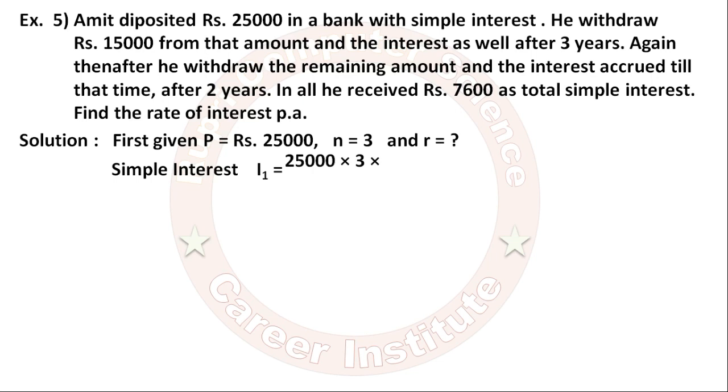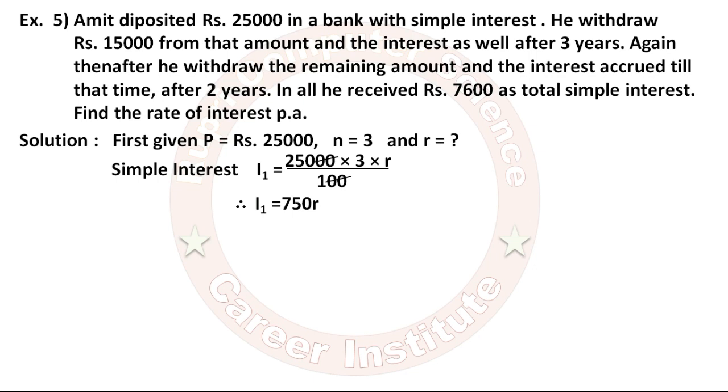Now 2 zeros go out of 25,000 and 2 zeros of 100. Therefore, I1 is equal to 750 R.